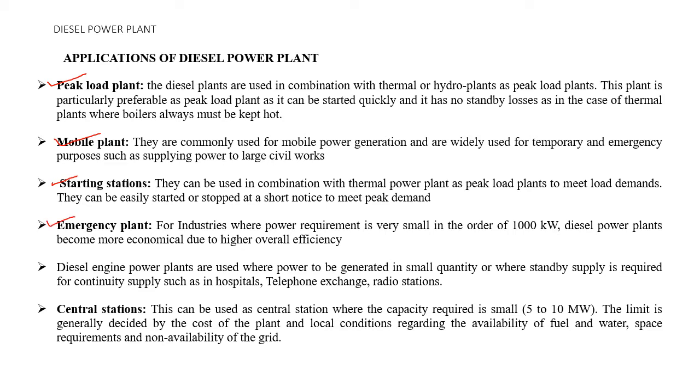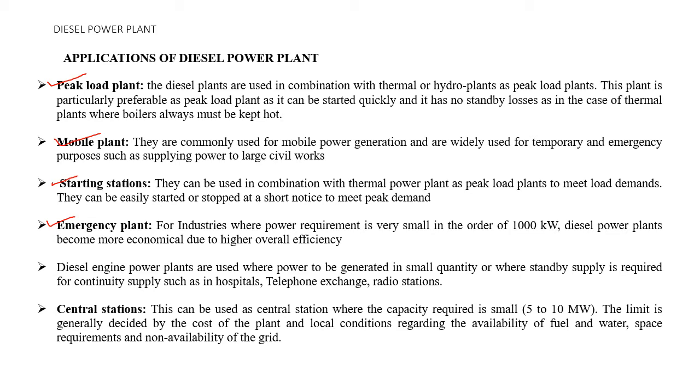For industries where power requirement is very small, in order of around 1000 kilowatts, diesel power plants become more economical due to higher overall efficiency. Diesel engine power plants are also used where power to be generated in small quantity or where standby supply is required for continuity of supply, such as hospitals, telephone exchanges, radio stations.